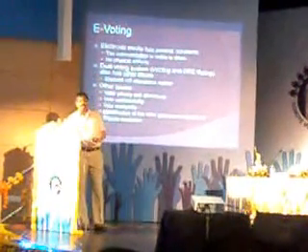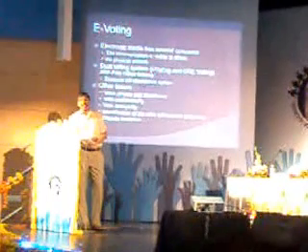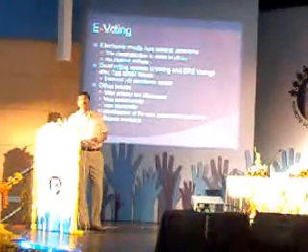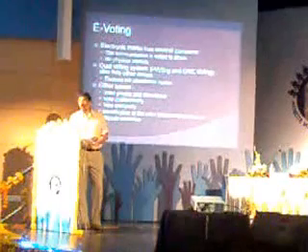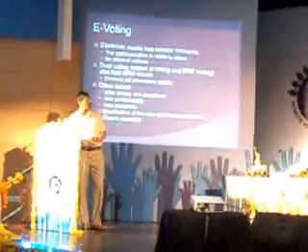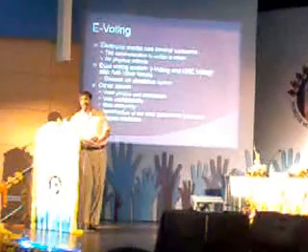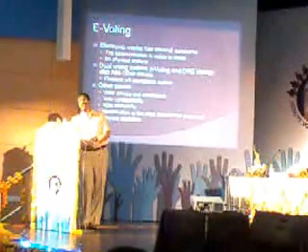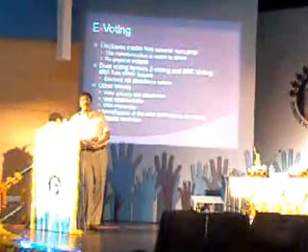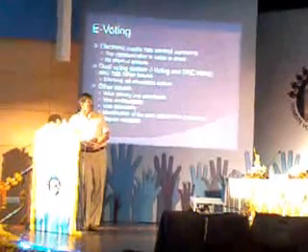There are other issues. These are largely issues for voting in general, and they become a little more important because they have to be looked at from a different viewpoint for e-voting or I-voting. Voter privacy. A voter has to vote anonymously. Voter privacy is important.